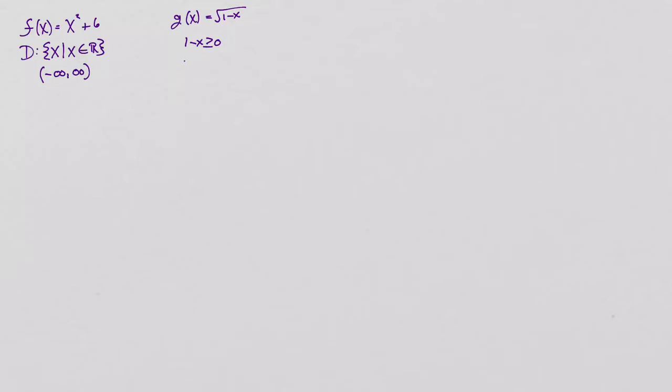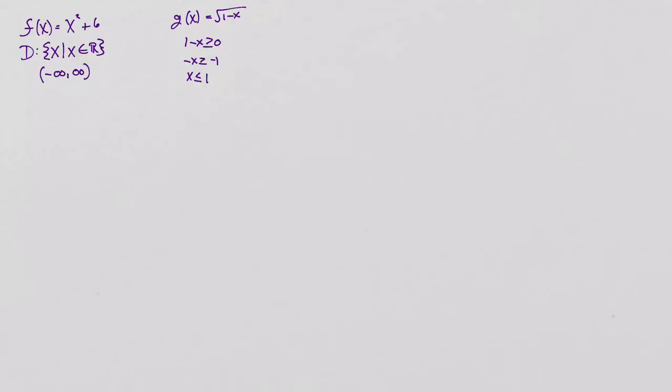We're going to subtract 1 from both sides, so we have negative x is greater than or equal to negative 1. We're going to divide both sides by negative 1, and you must remember, when you have an inequality, when you divide or multiply by a negative number, you switch your inequality. Therefore, we get x is less than or equal to 1.